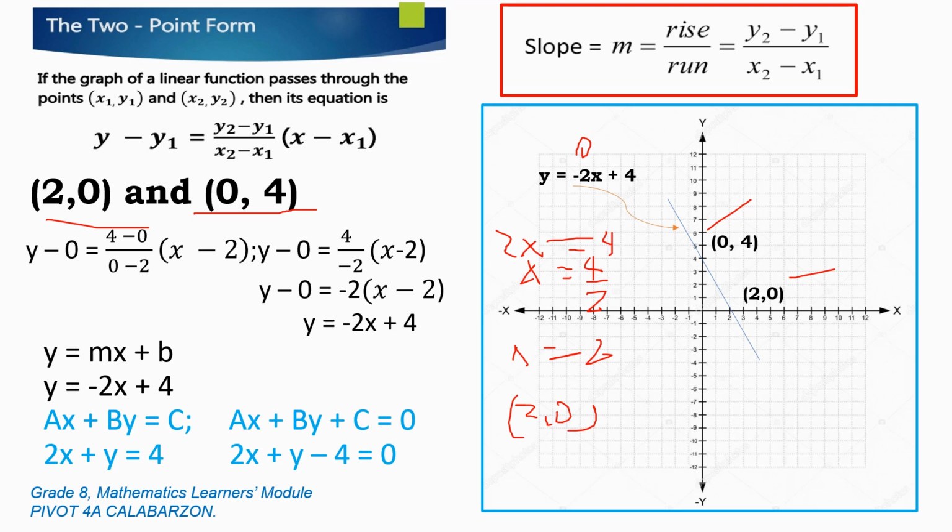Then simplifying ulit, ayan, we have now y minus 0 equals negative 2, x minus 2. Then y equals negative 2x, distribute negative 2, and then negative times negative, positive. So that's now the final answer. At ang makuha mo po ay nasa form ng y equals mx plus b.